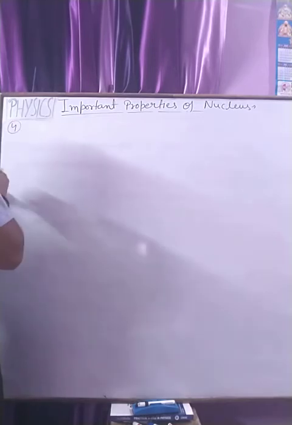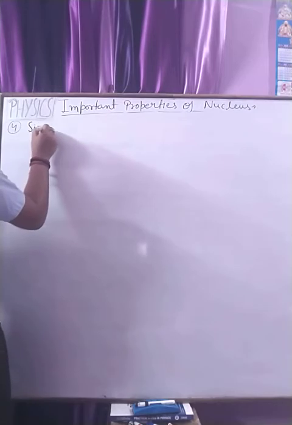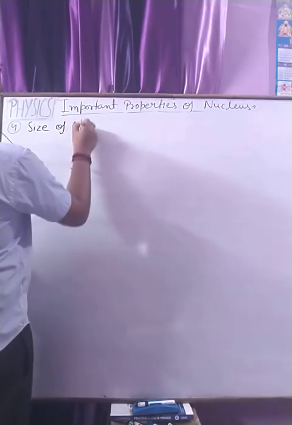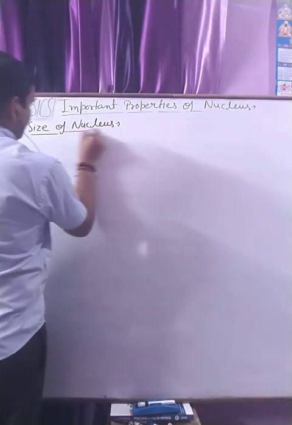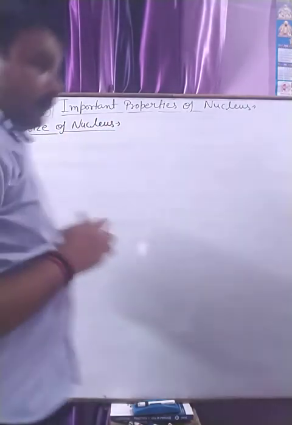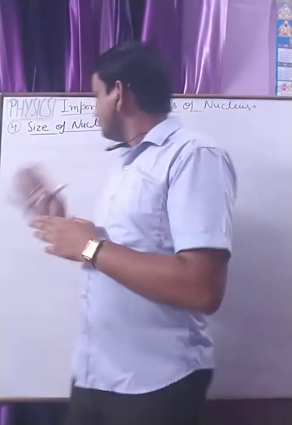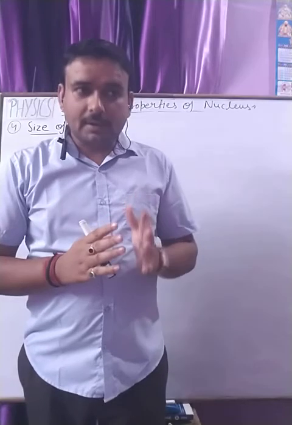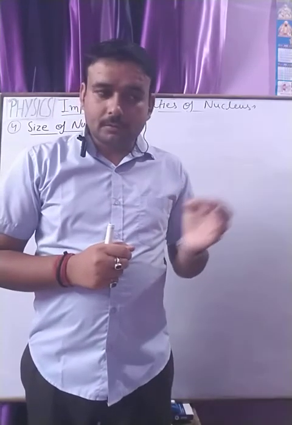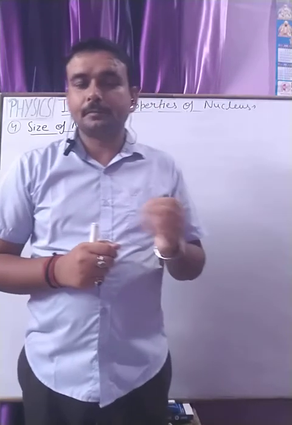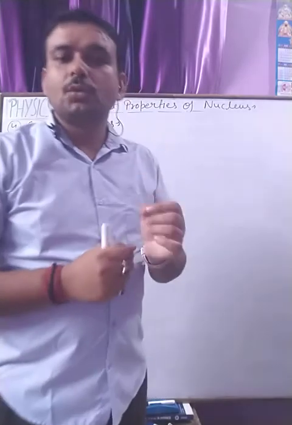Fourth is the size of the nucleus. Okay, the size of the nucleus is firstly calculated on the basis of the closest approach, or distance of minimum approach, to the nucleus.